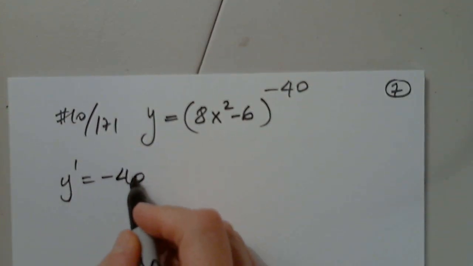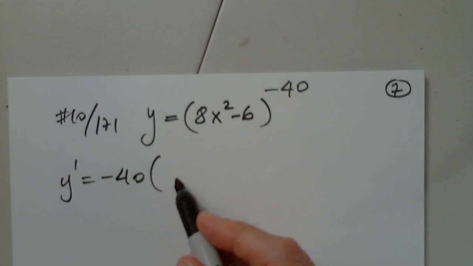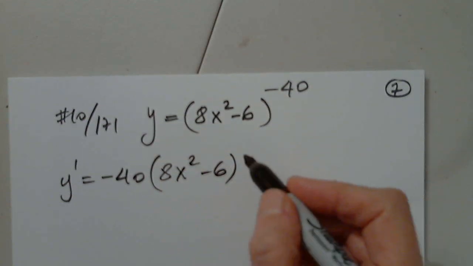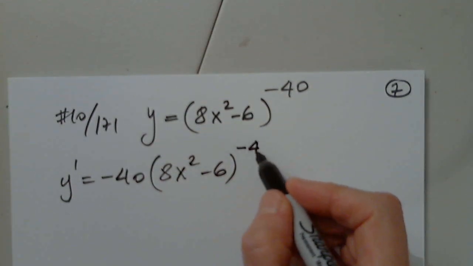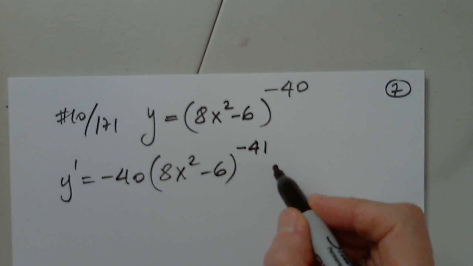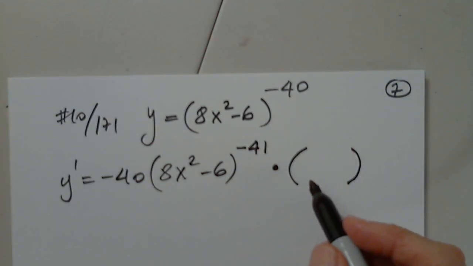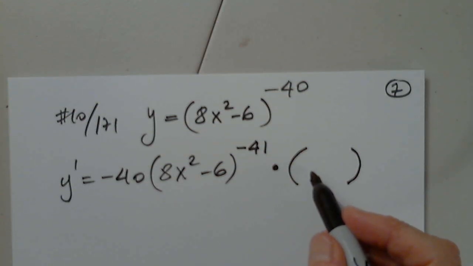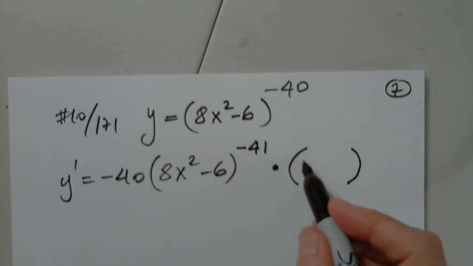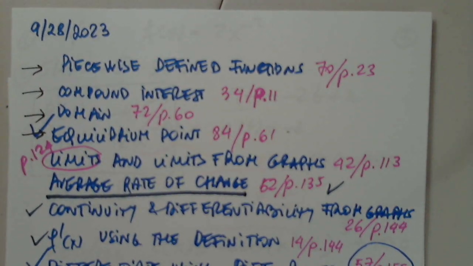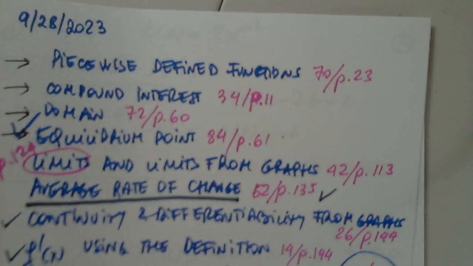Excellent. 8x squared minus 6 to the negative 41. Very good. Times the inner function prime. 16x. Excellent. Very good.